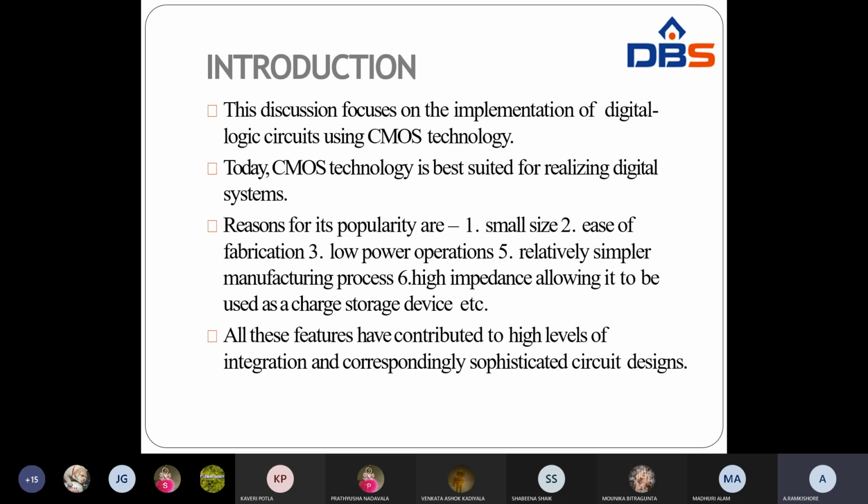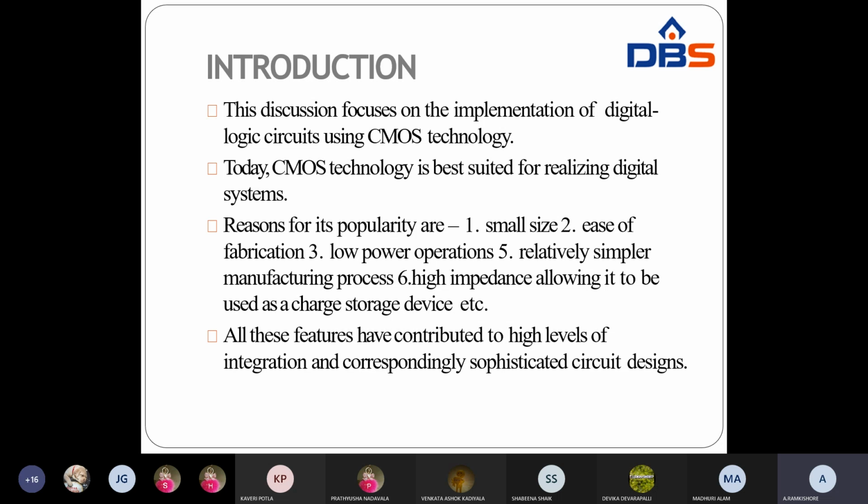We have already seen different fabrication steps for NMOS, PMOS and CMOS. Whenever we use CMOS technology, the fabrication process is very simple and easy compared with NMOS and PMOS devices, and it is used for low power operations.